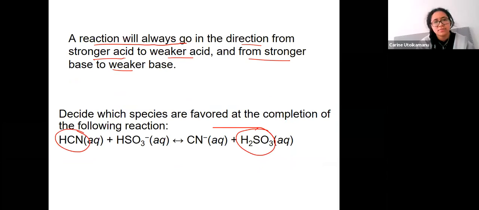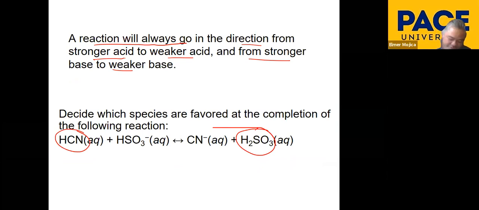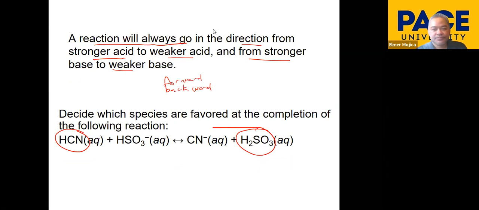Is it the backward or the forward reaction that is favored? Since this one is stronger than the other one, we could say it favors the reactant.